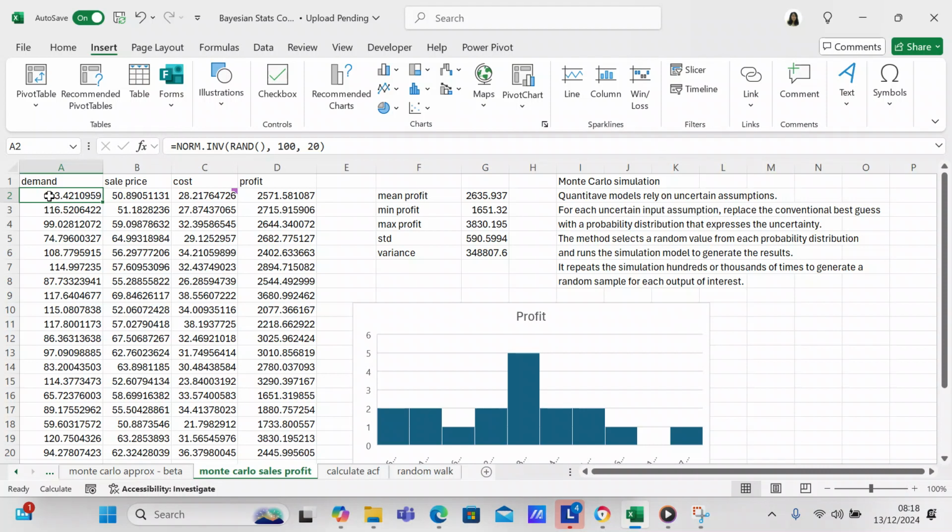Since I didn't want a really big variance, I decided that this is going to be a small company. Then you copy this formula down to row 20.